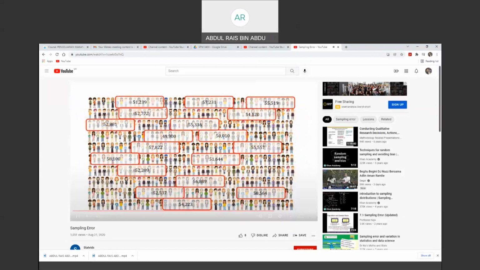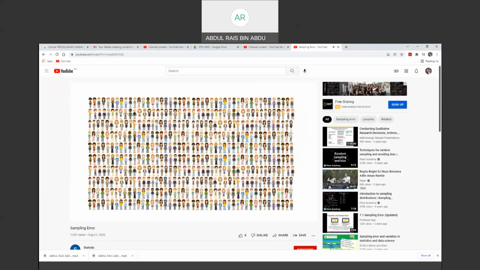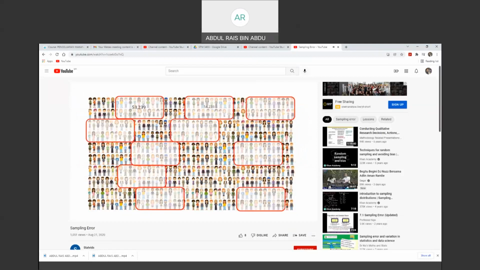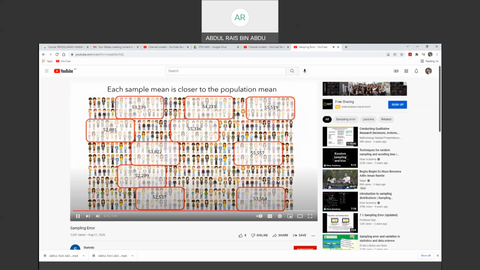Now, instead of 10-person means, we're going to take samples of size 20 and compute a mean for each sample. And each of these sample means will be closer to the population mean and, therefore, to each other, which reduces the amount of sampling variation. Now, let's recap what we've seen here.